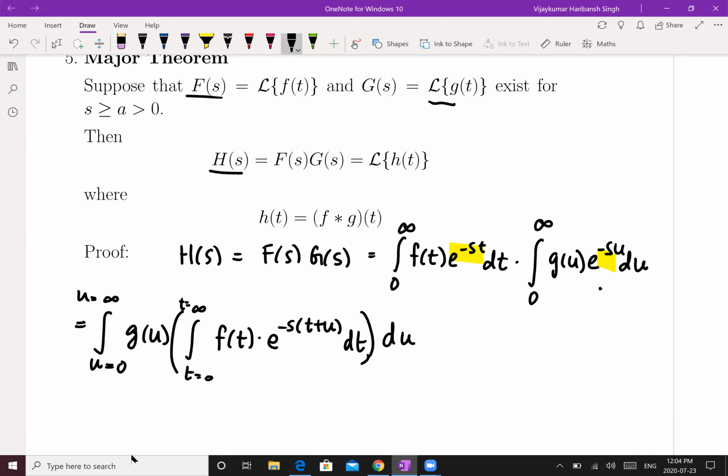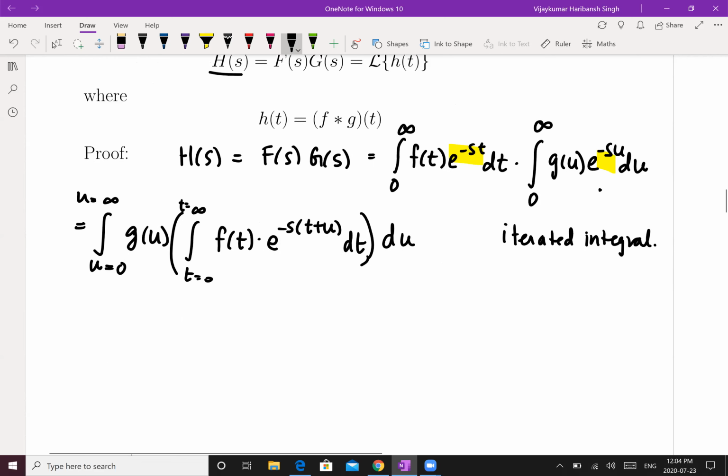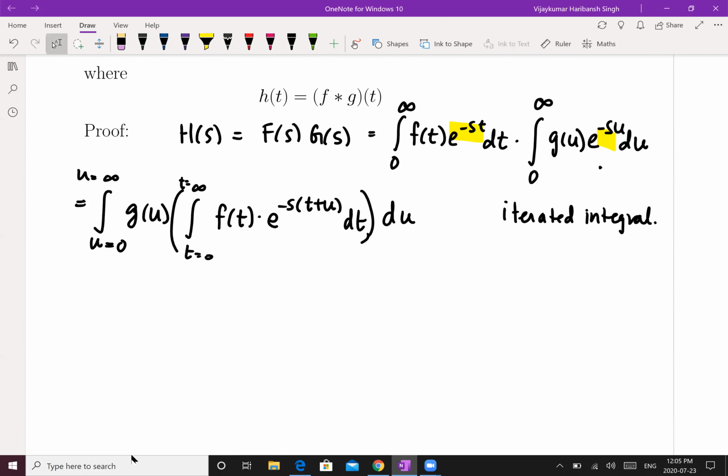Okay, so now we have written this as an iterated integral. Now we'll do a transform. So let v be t plus u.